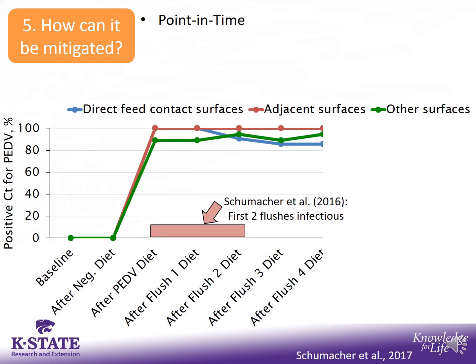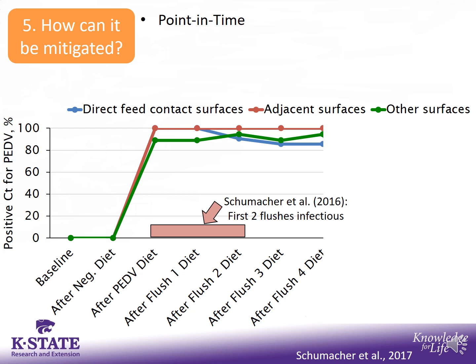As we consider the point-in-time mitigation, I want to again bring up this same research that we had previously described, where we artificially inoculated a feed with porcine epidemic diarrhea virus and watched it spread throughout our feed mill. We took samples at baseline, after the negative diet, after the PEDV diet, and after each of the flushes, and fed them to pigs to assess infectivity.